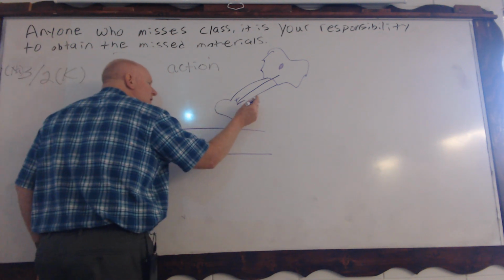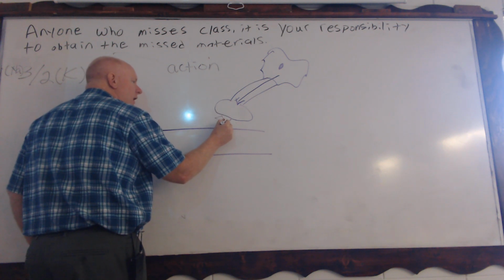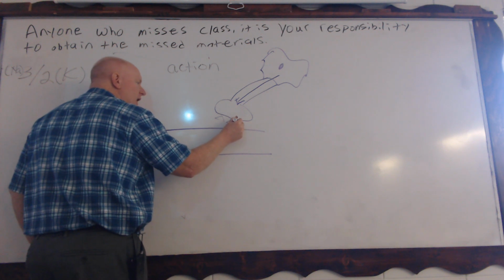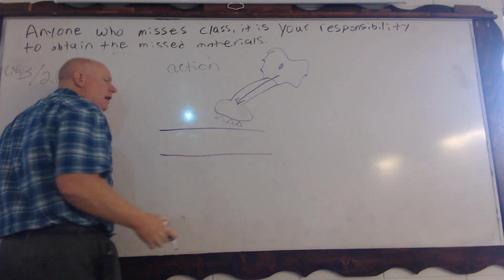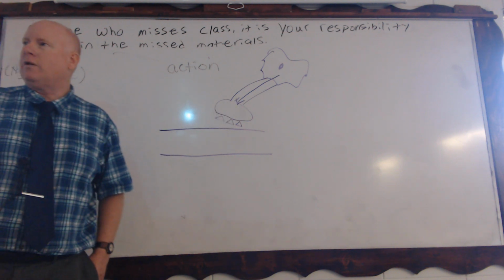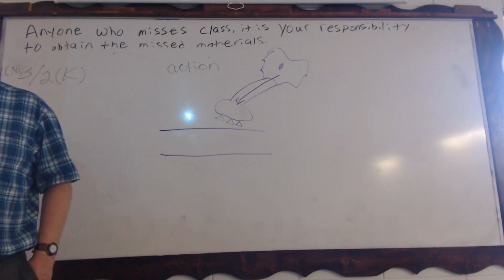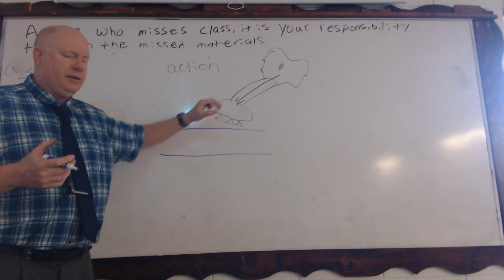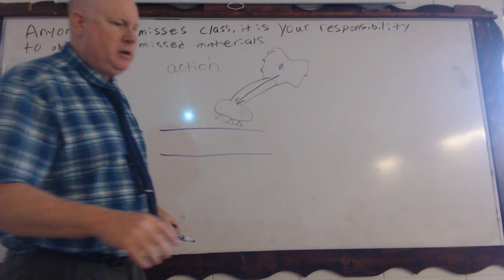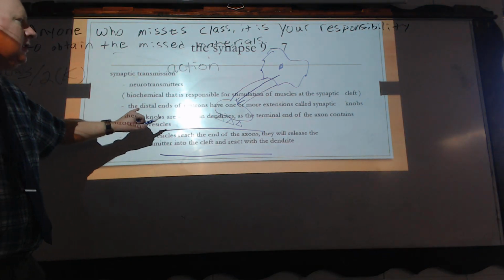And what happens is once it gets towards the end, I'm just going to put triangles here. It's a chemical signal that leaves this structure here, which looks like what you have on a door. How do you open a door? The handle or what? The doorknob, okay? So then this looks like a doorknob, okay? That's what we call the synaptic knob.